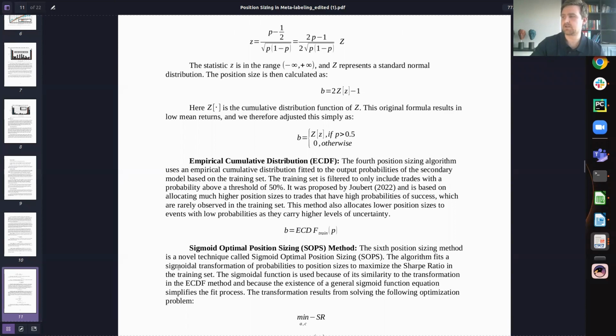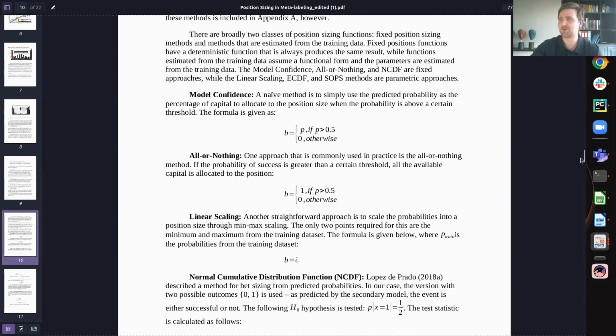And lastly, this is a new technique invented by Ilya, where you use a sigmoid transformation to size the positions. From our results, we found that these two methods work quite well. And if you want to go all out, you can use the all or nothing approach to maximize returns, but it has significant drawdowns as well as a lot of variance.